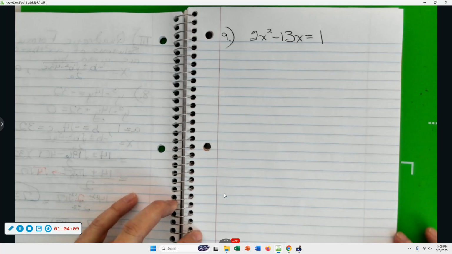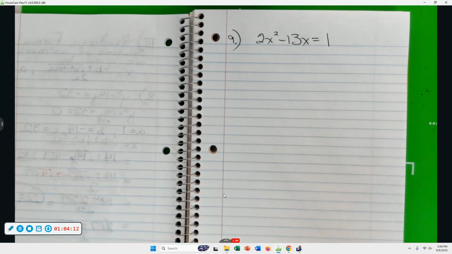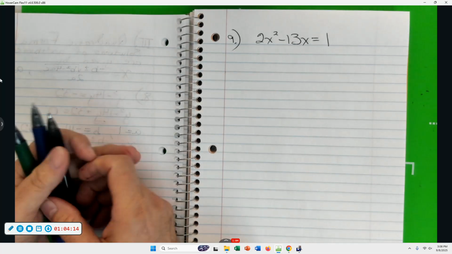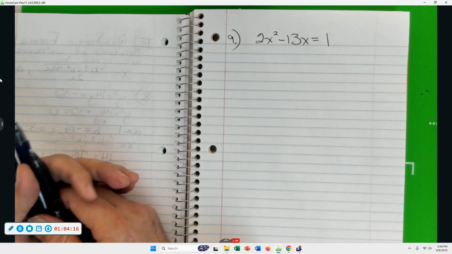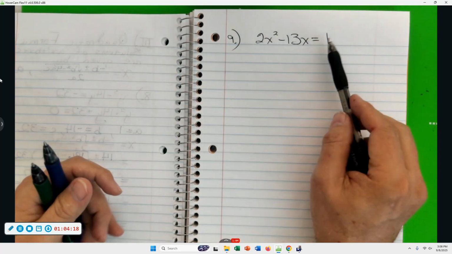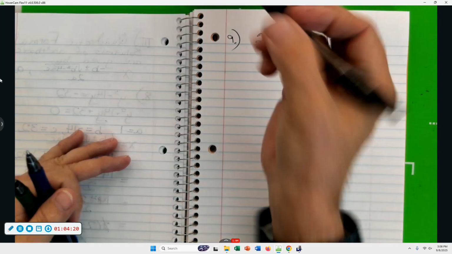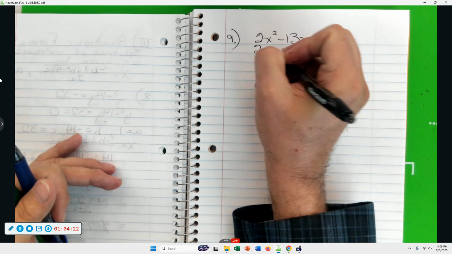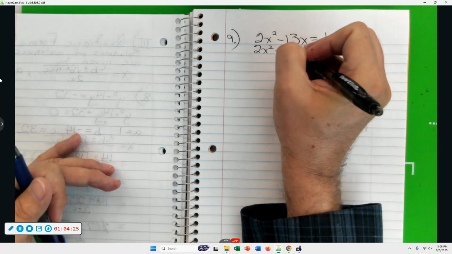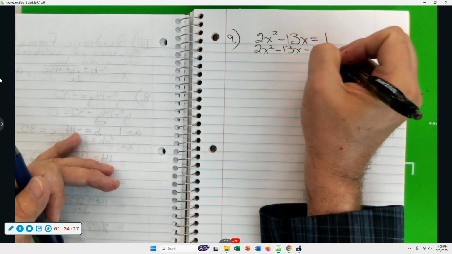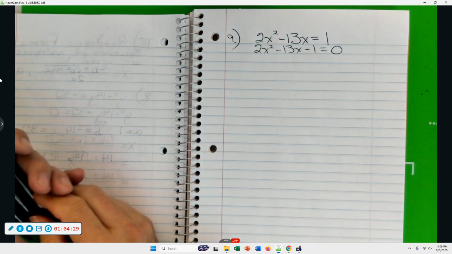If I'm going to use the quadratic formula here, there's really only one correct first step. What is it? To move the 1 over to the left-hand side. So we have 2x squared minus 13x minus 1 is equal to 0.